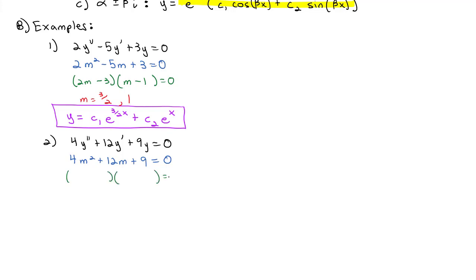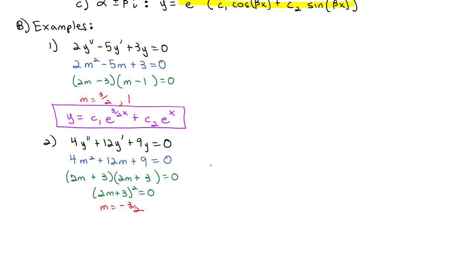This one also factors nicely. 4m squared is 2m times 2m. 9 is 3 times 3, and they're both positives. What we really have is (2m plus 3) squared equals 0, and only one solution of m equals negative 3/2.